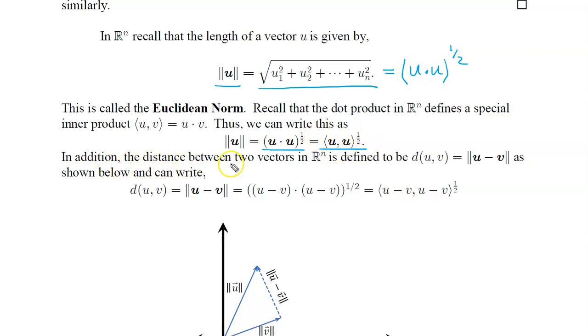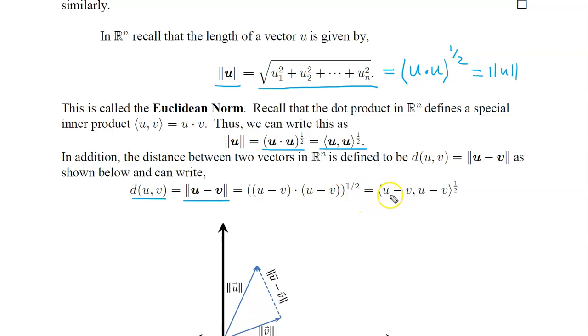As for the distance between two vectors, recall that with respect to the Euclidean norm, the distance between two vectors was defined to be this quantity. We just subtract the two vectors and take the length of the difference vector. That's what this is. And just like up here where this is equal to the norm of u, this is going to be u minus v dot u minus v to the 1/2 power.